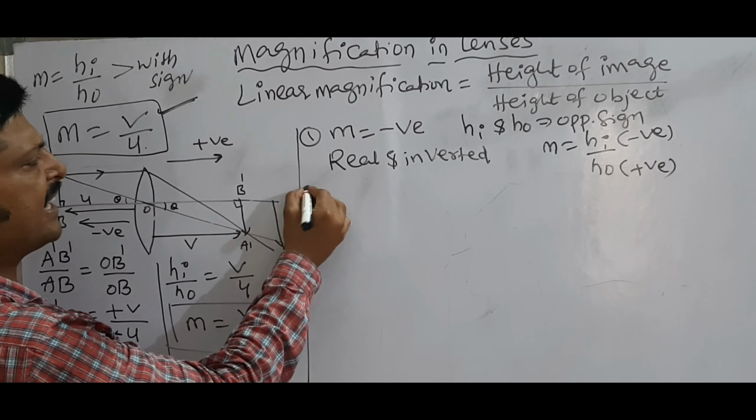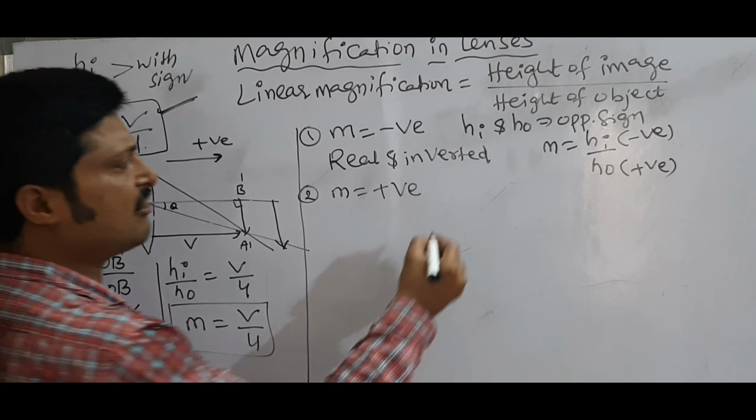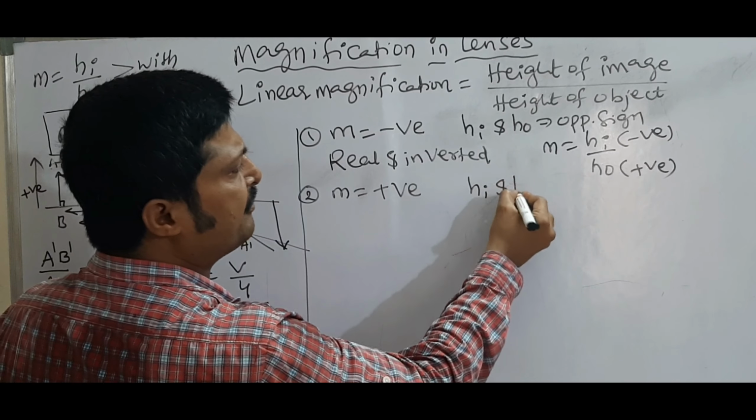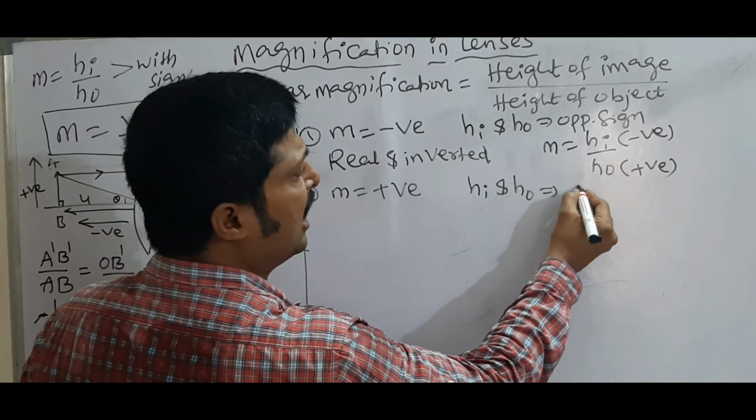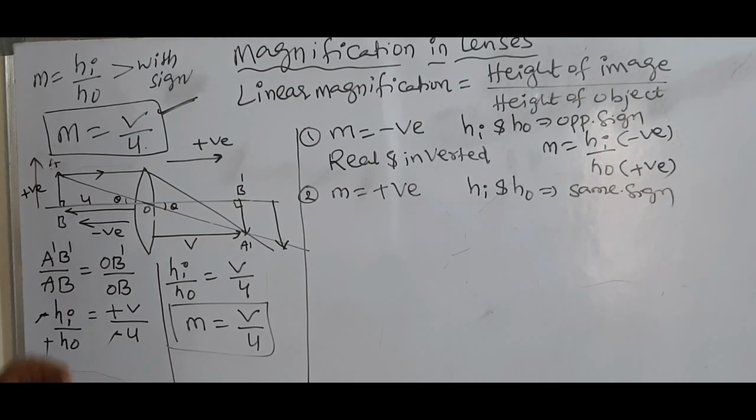Next, if magnification is positive, it means height of image and height of object are of the same sign. Same sign means height of object is positive and height of image is also positive.